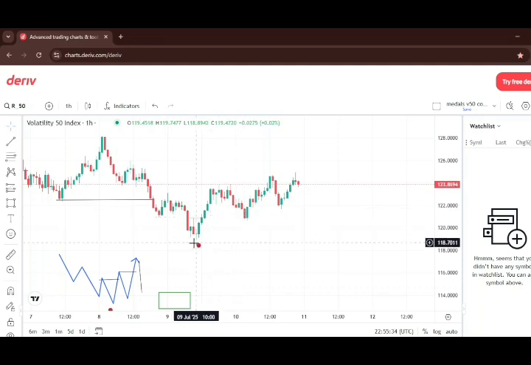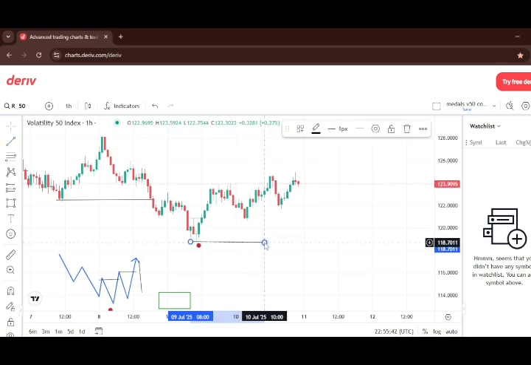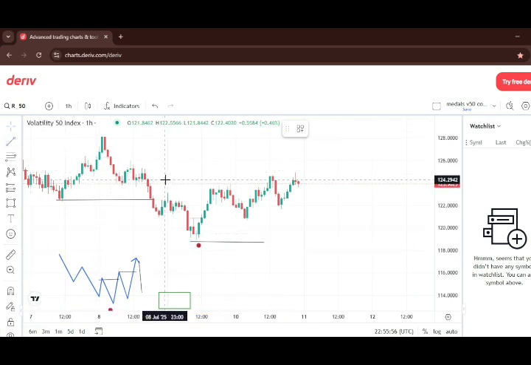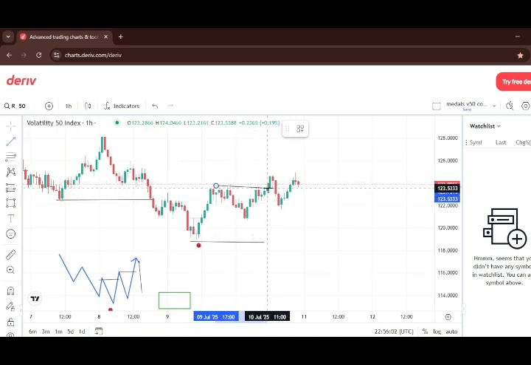Let it not take out this level here. I'm looking for the market to fail here. It can fail up to this level but not break down below this level. And after this failure, I'll still look again at this place to see another break of structure here.